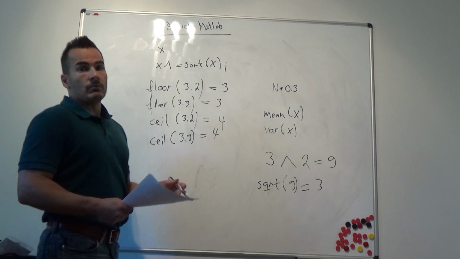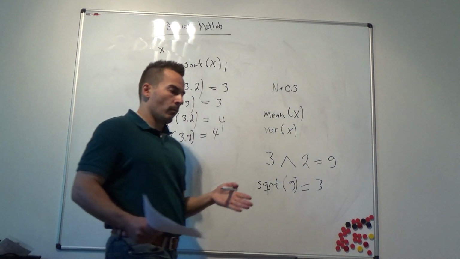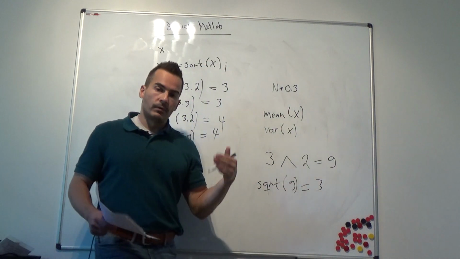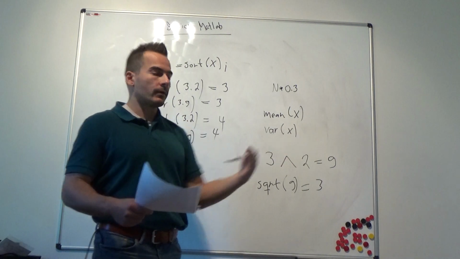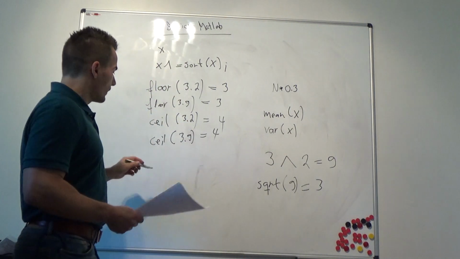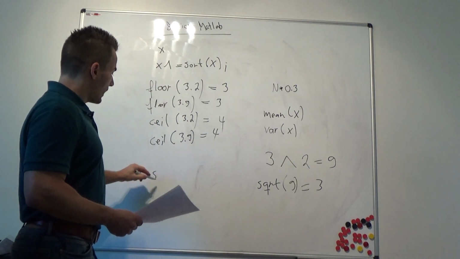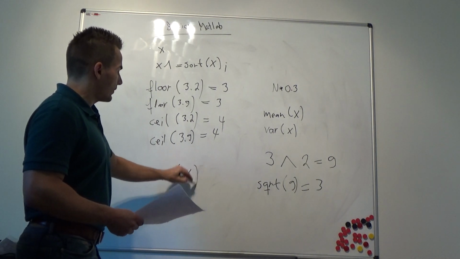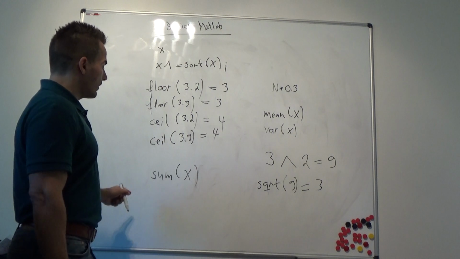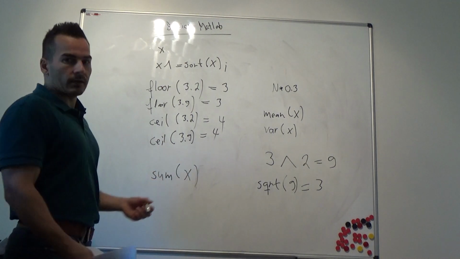Then in momentum, if we want to implement the momentum strategy, we operate with cumulative returns, which means we sum up returns in a certain time window. How do we do that? How do we cumulate? If you write in MATLAB sum of x, it would give you the whole sum of that vector.